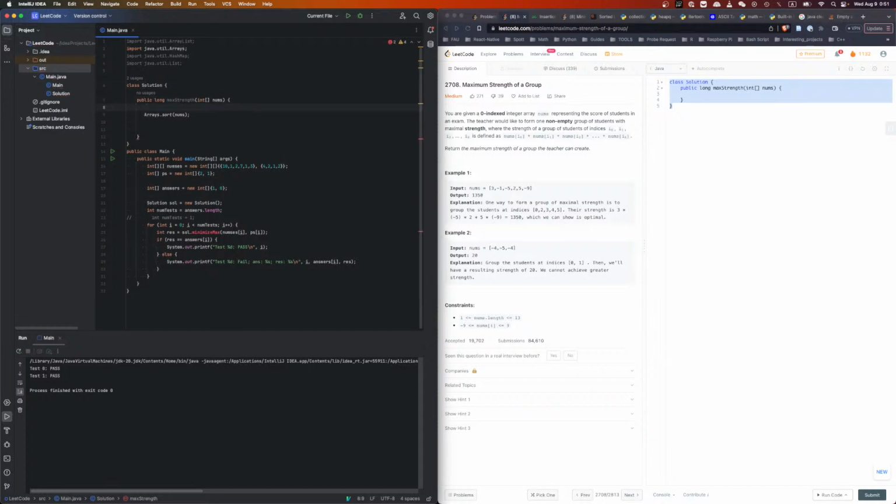We say arrays. We want int, but I don't know how many, right? So I have to say array list, right? Integer negs equal to new array list.